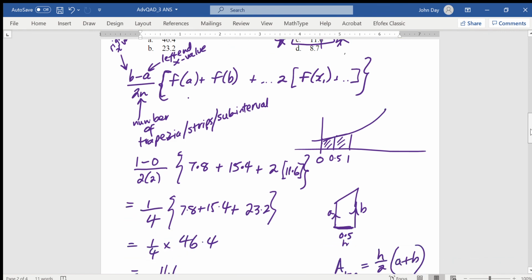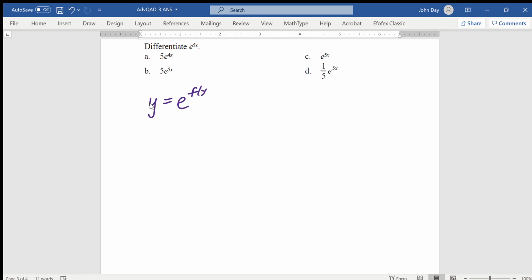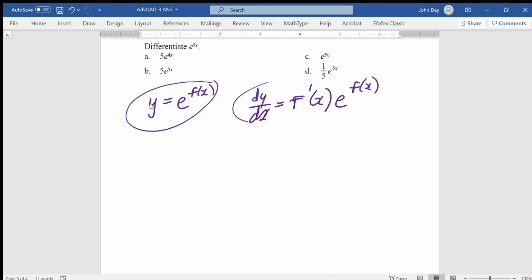Okay. Differentiate. If you want to, you can look at your formula sheet, because your formula sheet has the derivative. It says y equals e to the f of x, and the derivative is dy dx equals f dashed of x times e to the f of x. If you've got that, that's how you differentiate it.